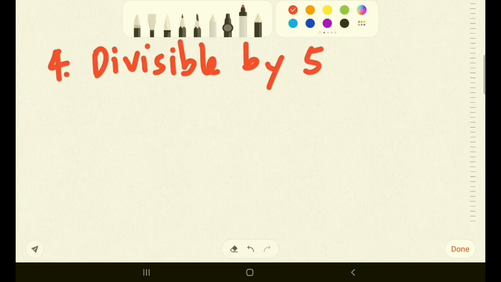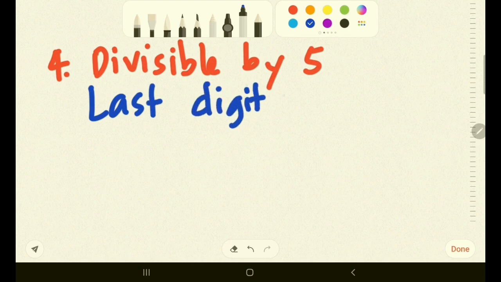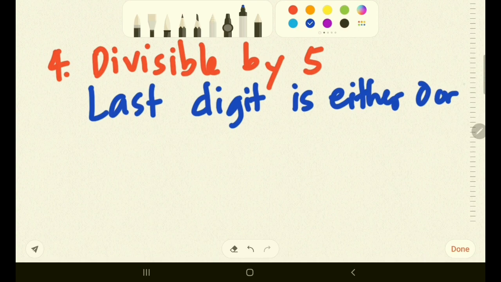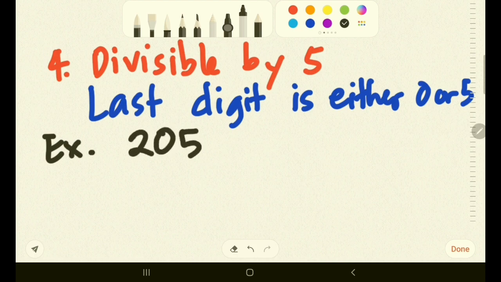How about divisible by 5? To know if a number is divisible by 5, just look at the last digit. The last digit is either 0 or 5. That's it. So if the last digit is either 0 or 5, the number is divisible by 5. Let's have an example. 205.